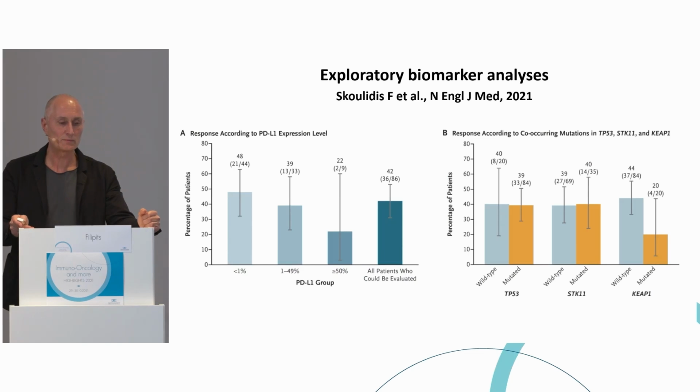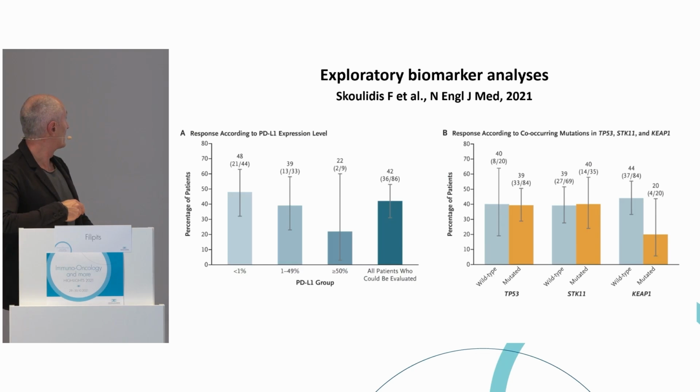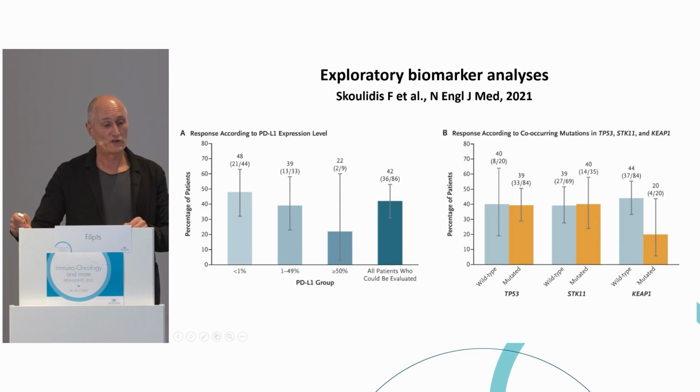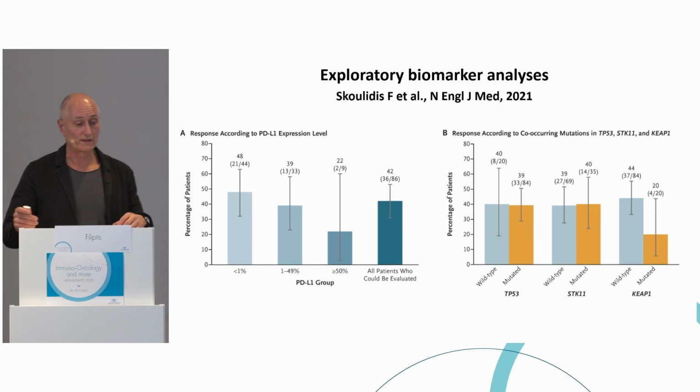With regard to the exploratory biomarker analysis, they have 2 studies. First, the comparison with PD-L1 expression, which nicely shows here that the response is decreasing with higher levels of PD-L1.